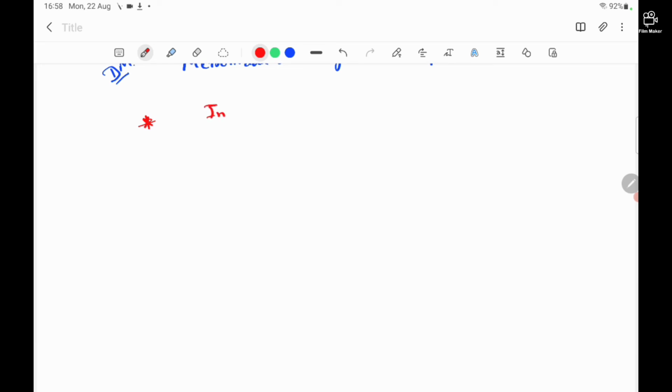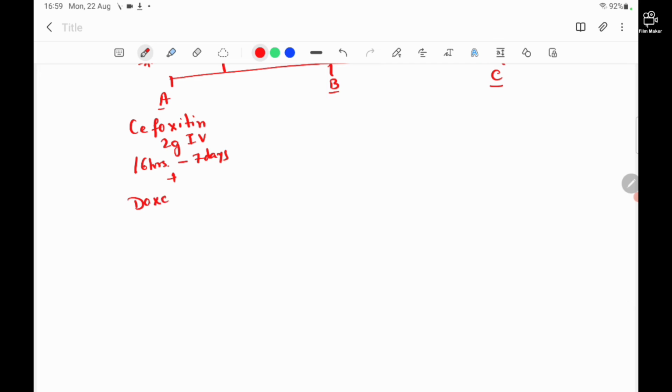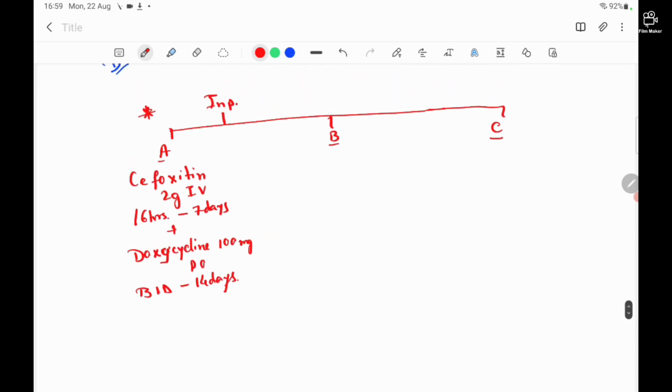We can divide the inpatient guidelines into 3 groups: group A, B and C. A is cefoxitin 2 gram intravenous every 6 hours for 7 days, plus doxycycline 100 mg PO BID for 14 days.